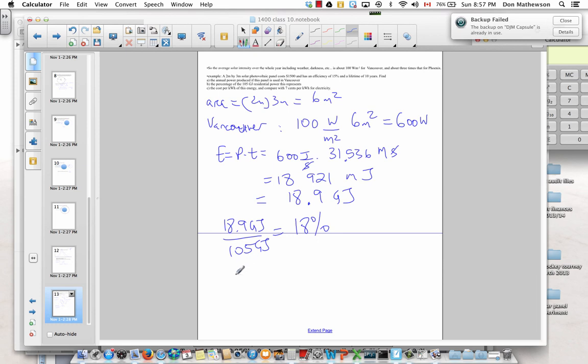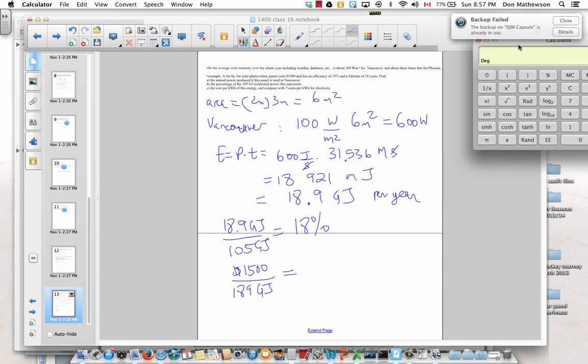So your cost is $1,500, and you're getting 18.9 gigajoules per year. But don't forget, it's going to last 10 years, so you're going to have 10 times that. So you're going to have 189 gigajoules over the lifetime of the panel. So we got $1,500 over 189 gigajoules, and we just want to compare that with 7 cents per kilowatt hour. So let's have a look here.